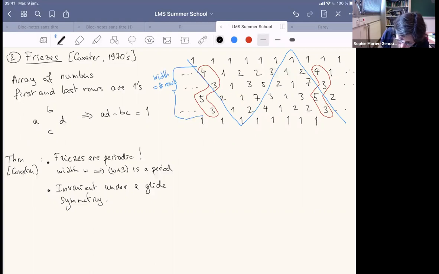For today, I just want to address the following question, question 2. How do we get a frieze containing only positive integers? I gave you an example.